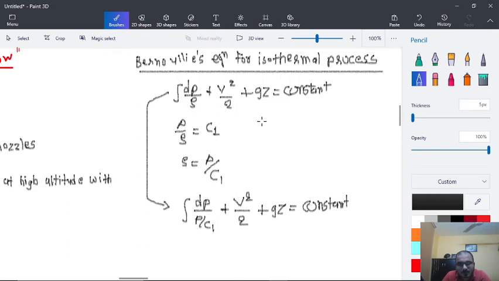And here also we can take C1 outside now, that is C1 integration dP by P plus V square upon 2 plus Gz is equal to constant.